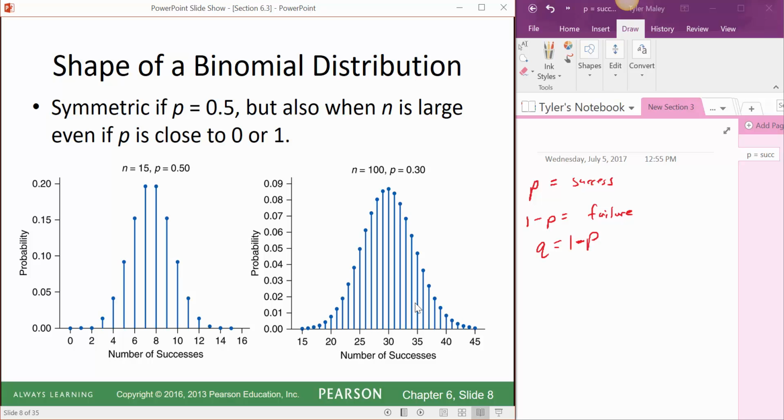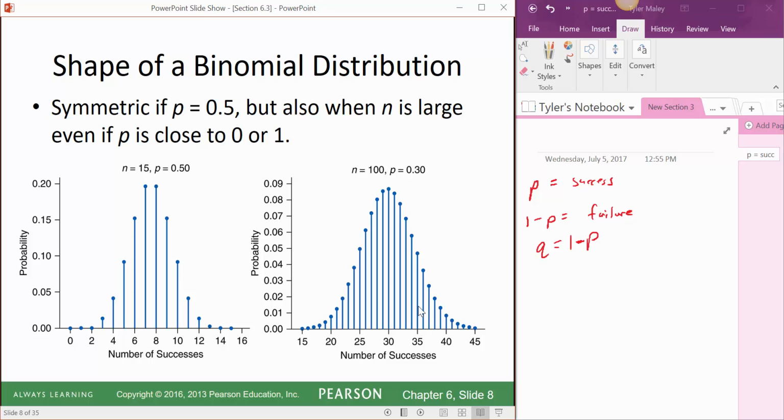Something else I want to point out is that we're going to have a symmetric binomial distribution if p is equal to 0.5, but also when n is very large, if p is close to 0 or 1.